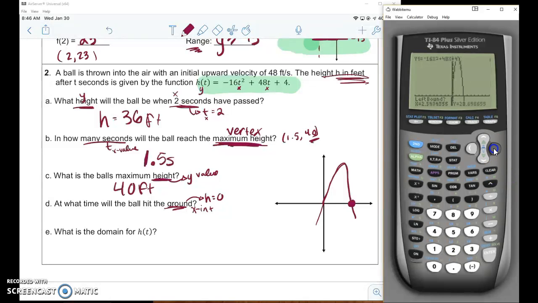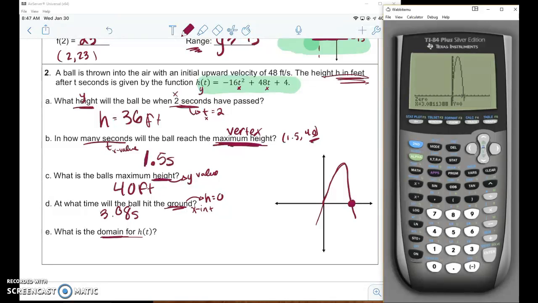I'm going to go over to that spot where the ball hits the ground. That's as close as I can get. So I'm going to go 3 to the left, 1, 2, 3, enter. 3 to the right, 1, 2, 3, enter. Guess, enter. And I get that the time is 3.08 seconds.